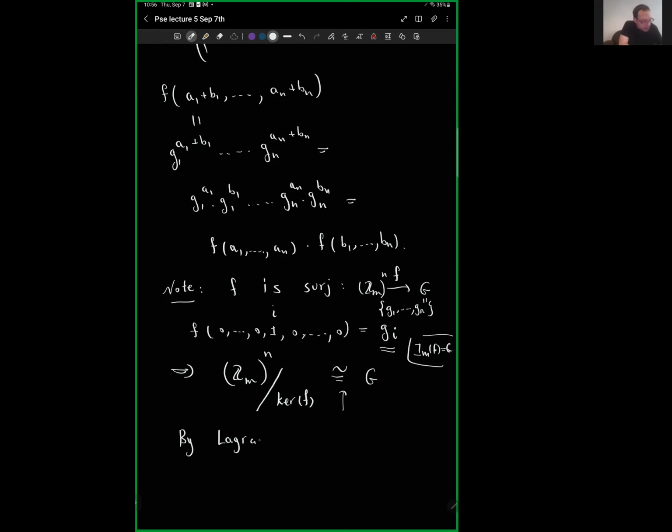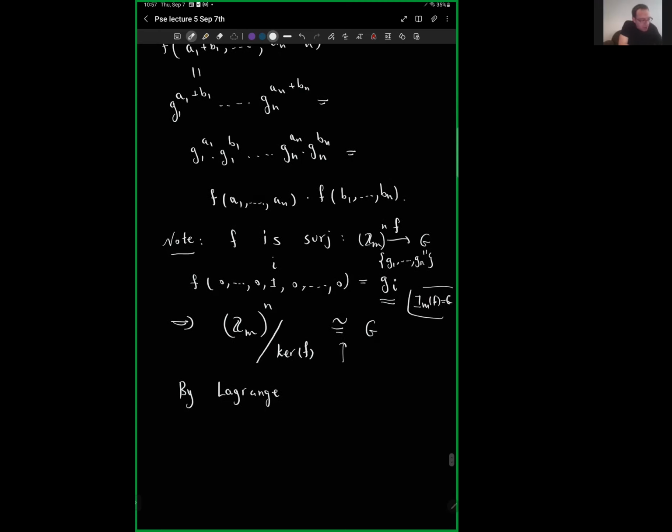Now, by Lagrange, the number of elements in the kernel times the number of elements in G must be equal to the number of elements in Zm to the n. Right? I mean, the kernel of F is a subgroup of Zm to the n, so its order must divide the order of Zm to the n, which is of course m to the n.